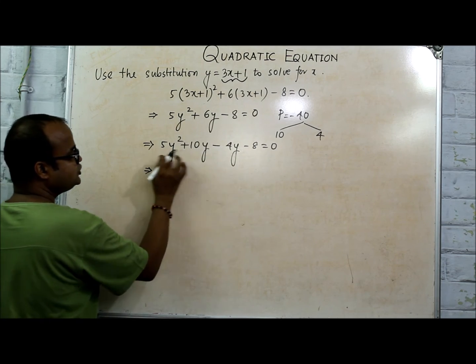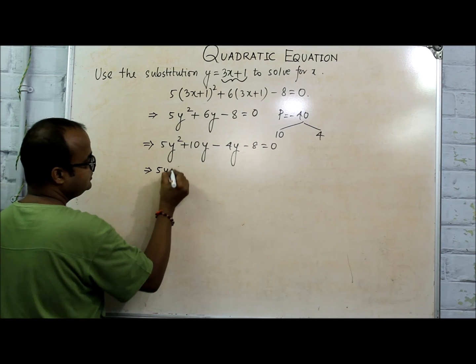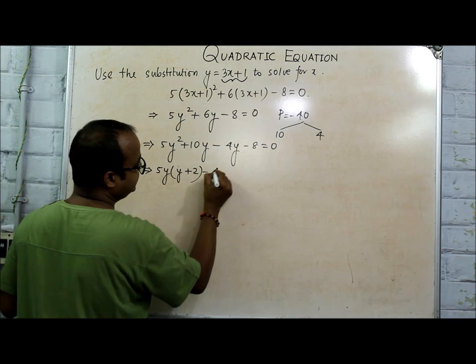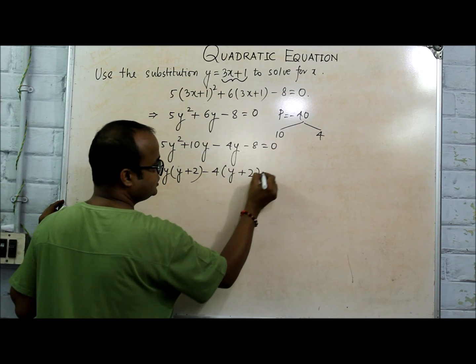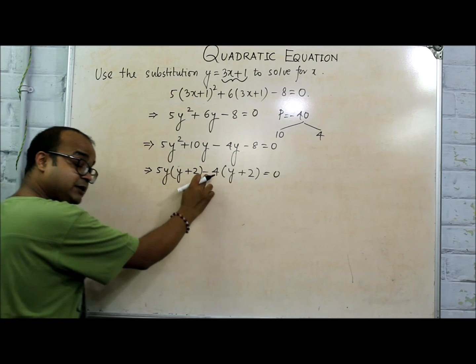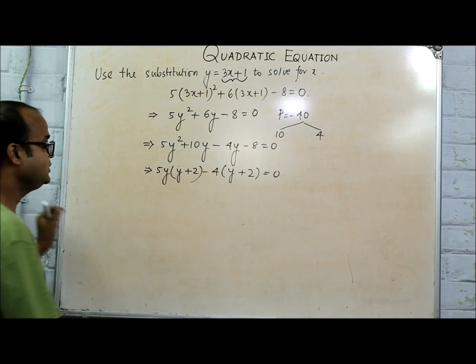So from the first two we can take 5y common, so y plus 2, and from the last two we can take 4 common. So we get y plus 2. Both are negative, so we are taking the minus sign common, and we need to change this sign also.